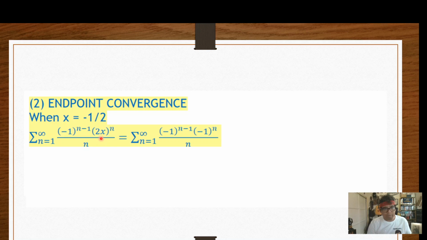And if you do -1/2 times 2, you get -1. That's all you need to do, just simple arithmetic. That -1 to the n power is the same thing as this -1 to the n minus 1 power. If you multiply those together, you would add the exponents, so you would get -1 to the 2n minus 1.